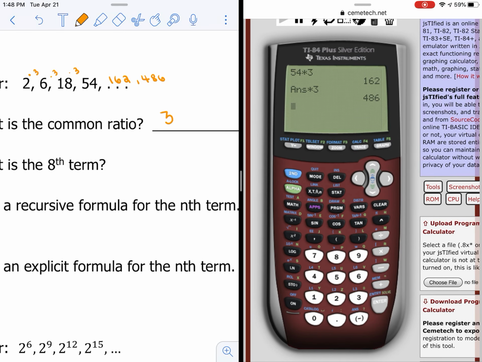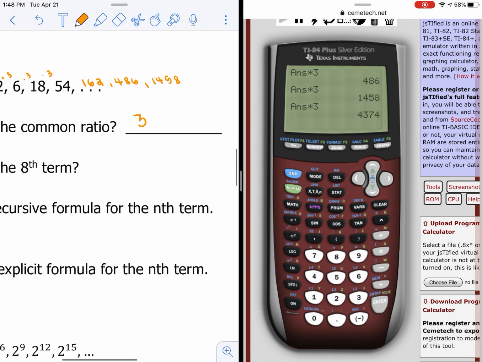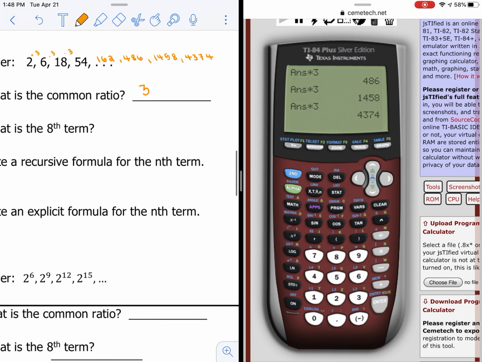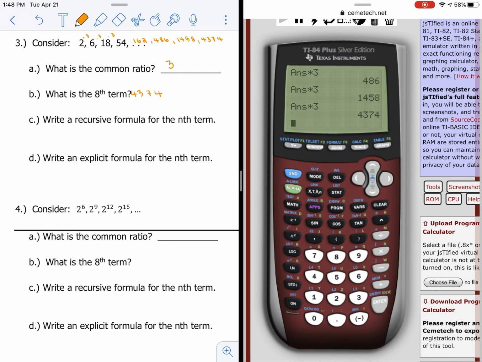I want to find the 8th term, right? So that's 5, 6. This would be 7. And then the 8th term, times 3, is 4,374. So that would be our answer right here. I kind of like showing you guys how to find it by hand and then showing that our formula does in fact confirm that answer.